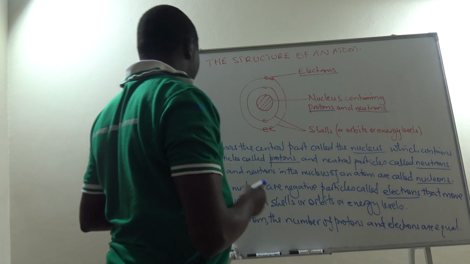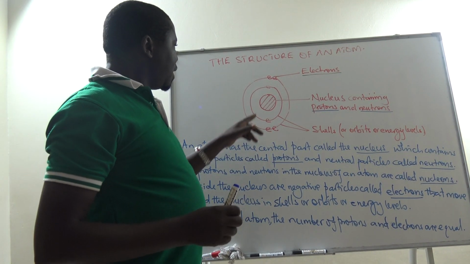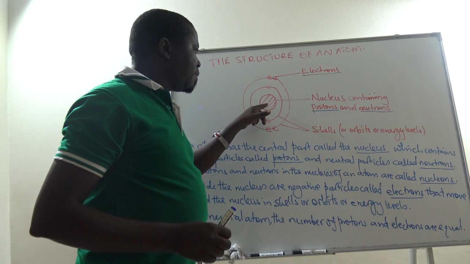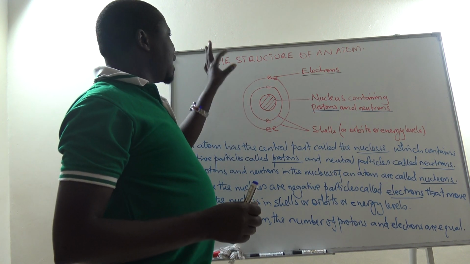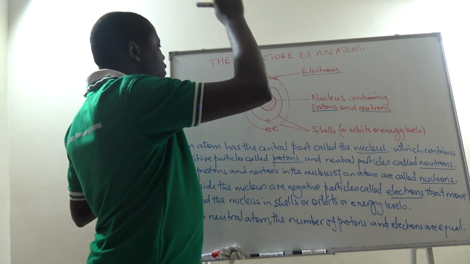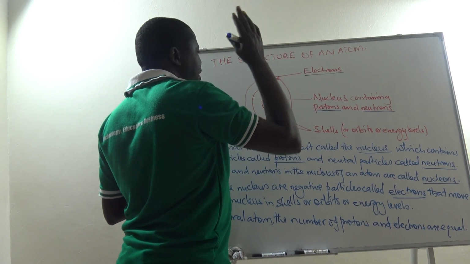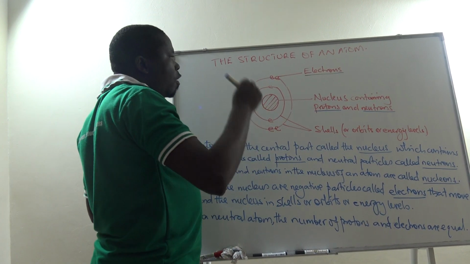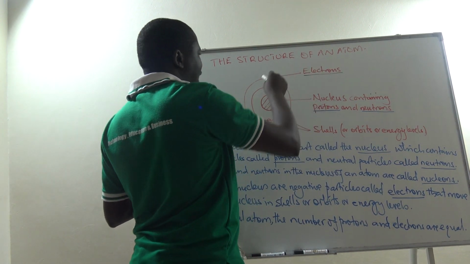Remember, we said that an atom is electrically neutral. Reason being, it has got protons, the positive particles, it has the neutrons, the neutral particles, it has the electrons, the negative particles. But we find that protons bear positive charges, and then electrons bear negative charges. Only that the number of protons and electrons are equal in an atom.